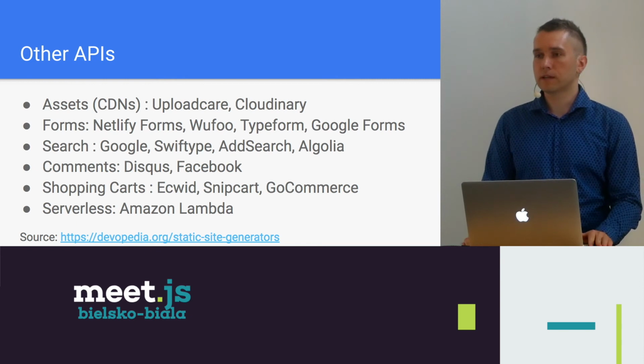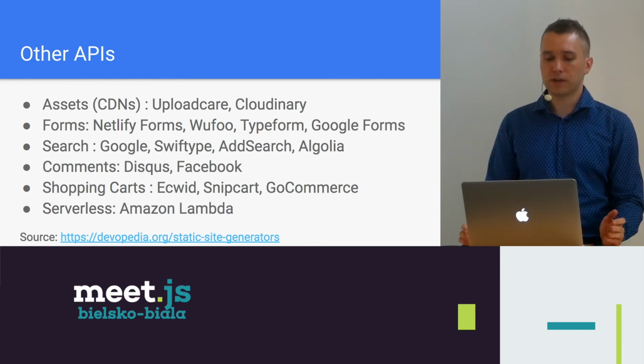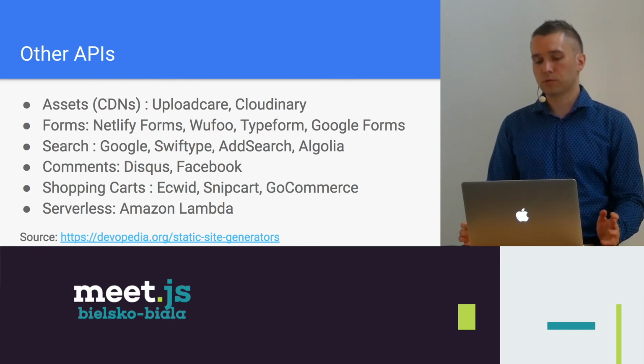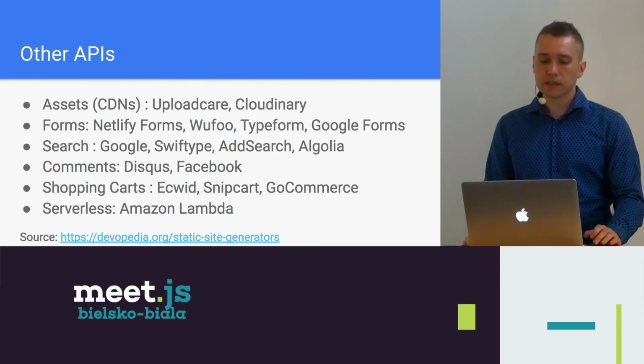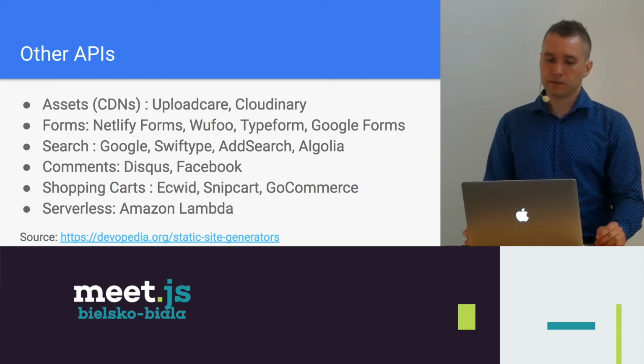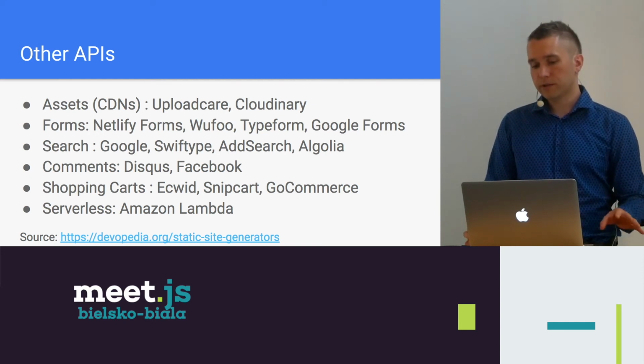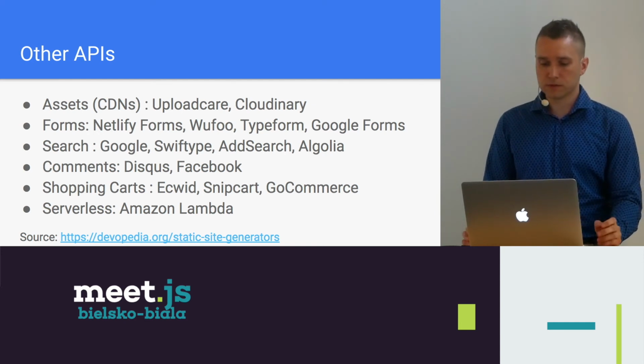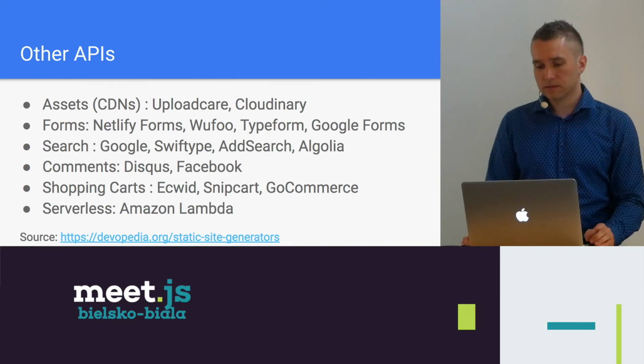If you run a website, you probably run it for some reason, probably to make a conversion or collect some data. So you need forms for that. Netlify, the deployment solution, provides a built-in solution for this with forms. It's really simple. And there are also external solutions like Wufoo, Typeform, and Google Forms.